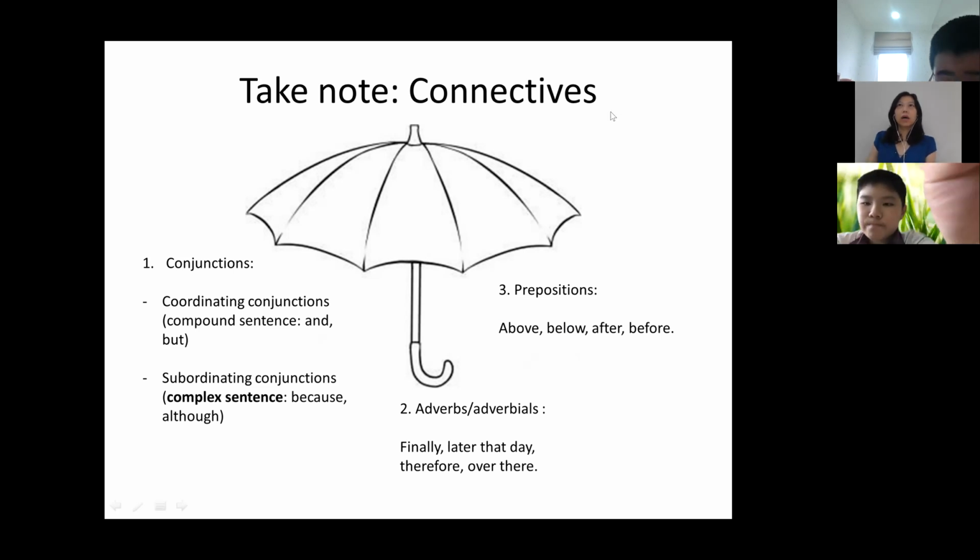Okay, now this is where you are going to take note. This is what I call the connectives umbrella. Connectives is actually a lot of things.